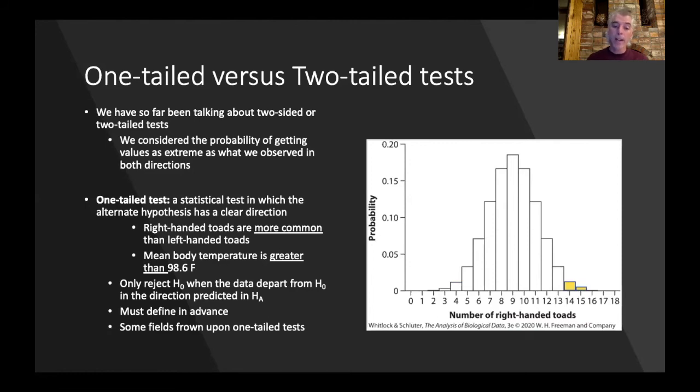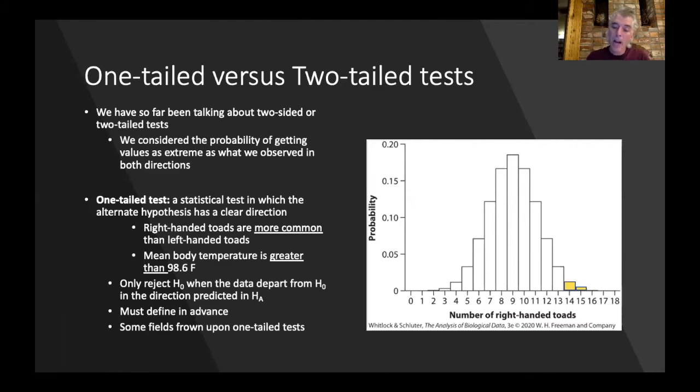That is, that right-handed toads are more common than left-handed toads, or that mean body temperature is greater than 98.6 degrees Fahrenheit. Not just different from 98.6, but actually greater. In these situations where we have a clearly directional alternate hypothesis, we only reject the null when the data depart from the null in the direction predicted by the alternate hypothesis.